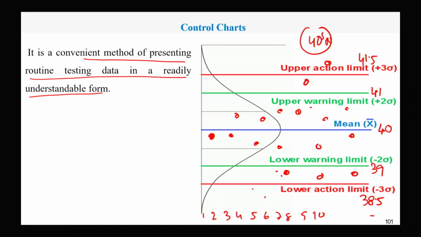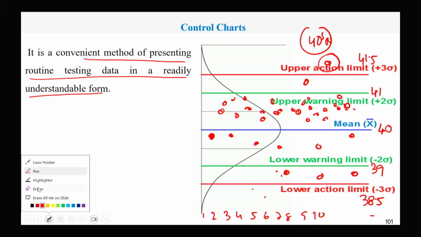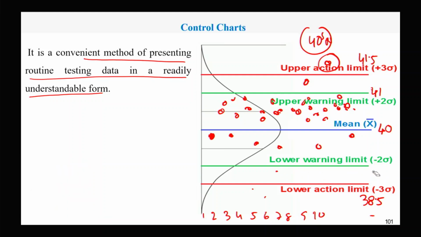This way it gives you a clear picture, without any calculation, of the performance of a machine and how many times it is crossing the limit. Suppose a particular machine always shows the count on the finer side, between say 40 and 41, continuously.